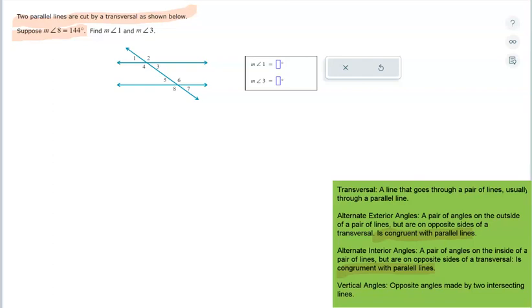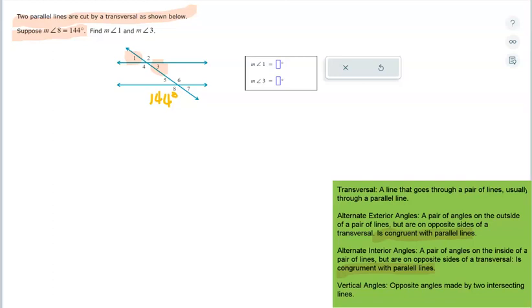So basically, all we're given is that angle 8 is 144, and I have to find angle 1 and angle 3. So I have to use the rules that we've just talked about. There's a couple ways you can do this. I'll just show you one way that I like to do this, and if you decide a different way works for you, that's totally fine.